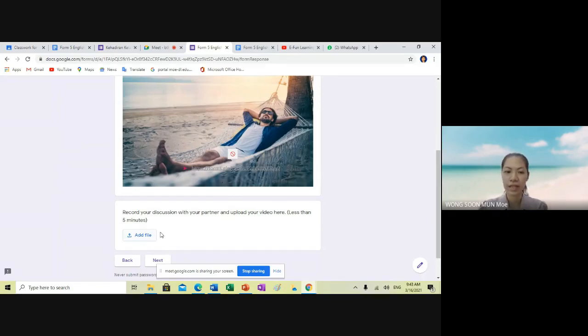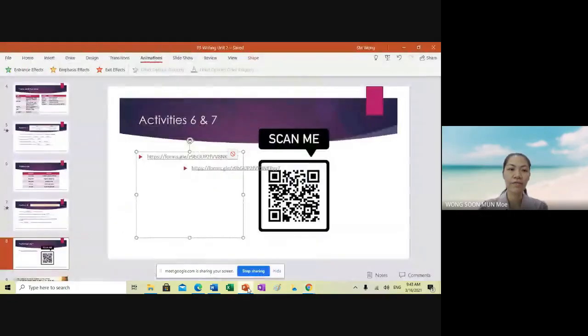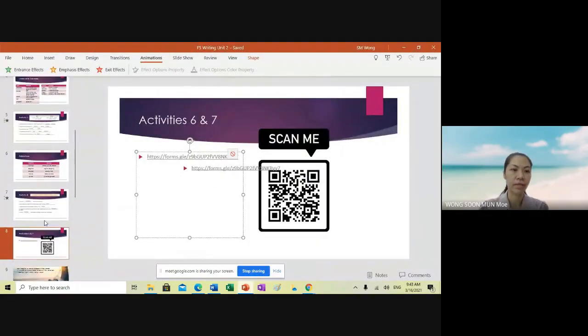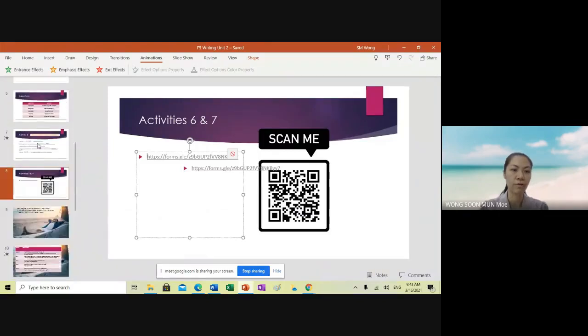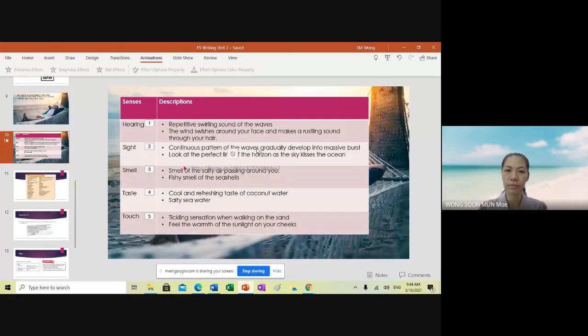Got it? Okay, so now I give you some tips on how you can do this discussion. Everyone look at the screen. How am I going to get rid of this thing?